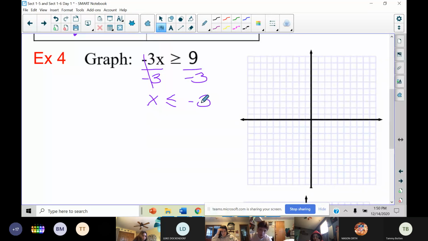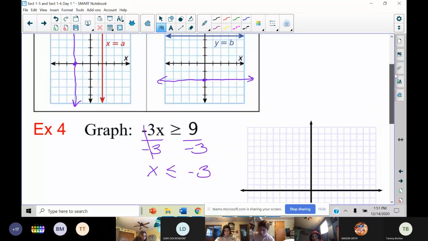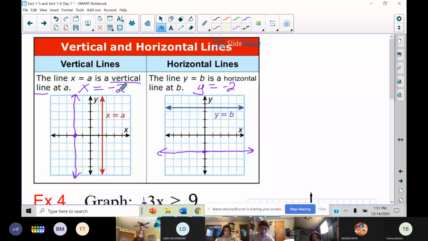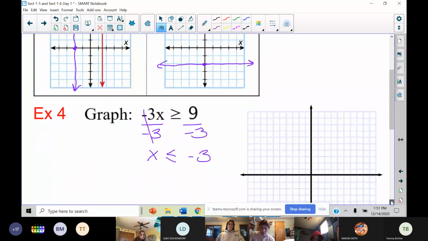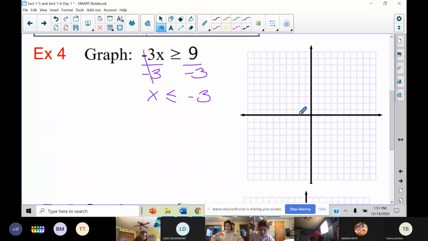Now, because I only have the one variable, that tells me that it's one of those special cases. And remember, when it's x equals something, it's a vertical line. So you go to where x equals -3 on your graph, and we would do a vertical line there. And notice this one's greater than or equal to, so it's going to be a solid line at x equals -3.